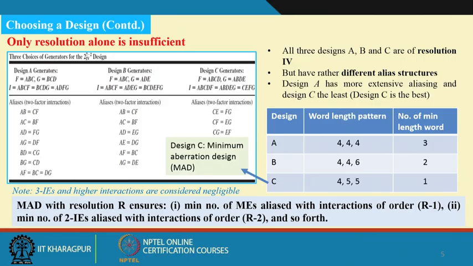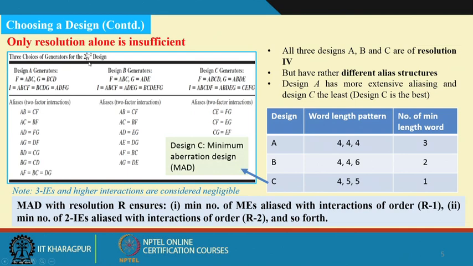Okay. So, but many a time what happens, you will find out that resolution alone is not sufficient. For example, you consider a 2 to the power 7 minus 2 resolution 4 design. We are assuming that resolution 4 we fix.